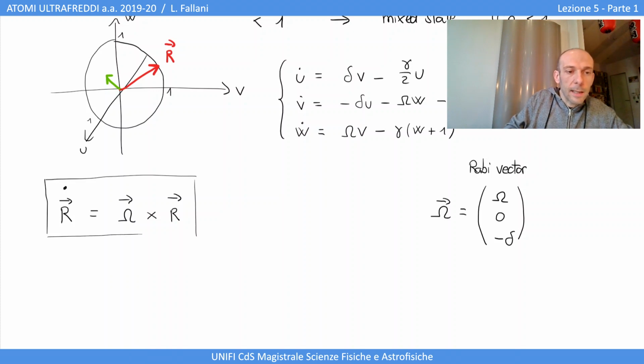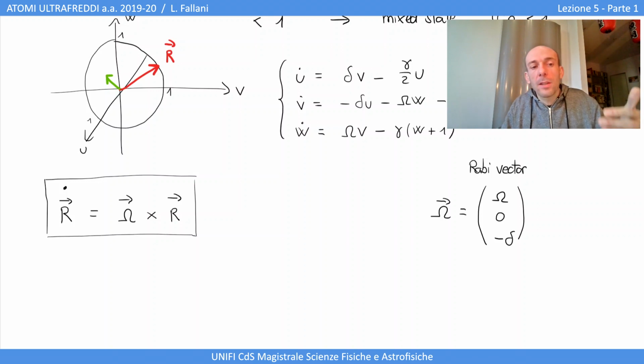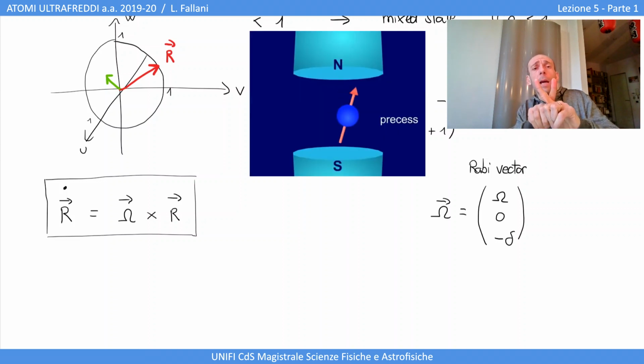This is nothing but something that you know very well also from dynamics and from mechanics and from electrodynamics. For instance, this equation is basically a precession motion, for example the precession motion that you have for a magnetic dipole moment around a magnetic field.